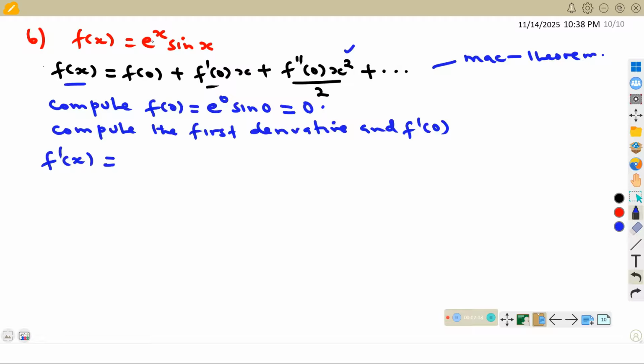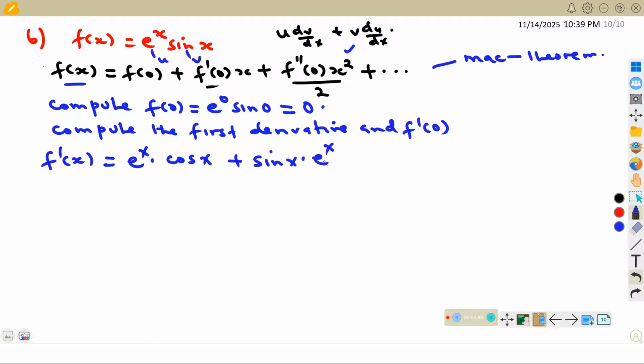We call this u and this v, so u is e to the power x, and v is sine of x. The product rule we shall use is u dv/dx plus v du/dx. So that is e to the power x times cos of x, then we differentiate e to the power x, which remains e to the power x, times sine of x.